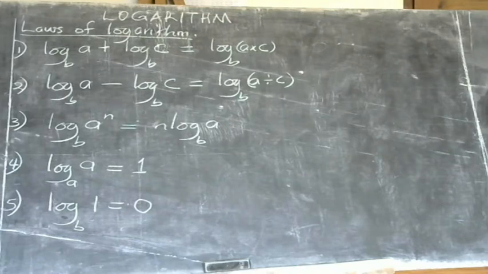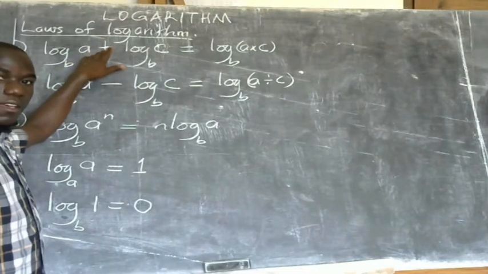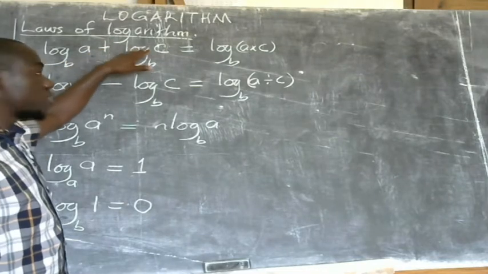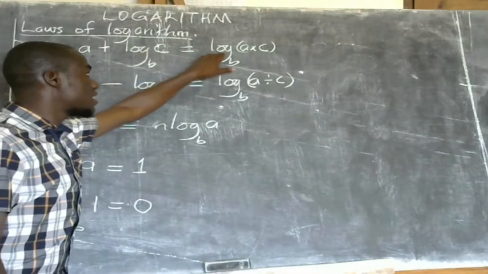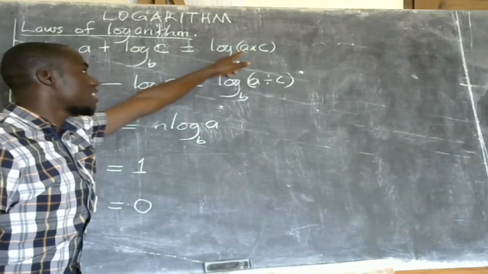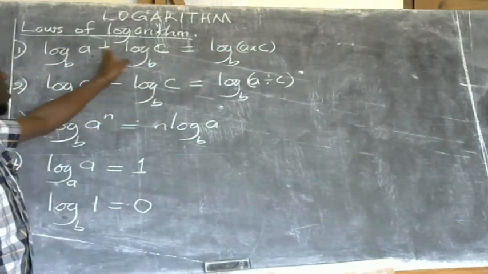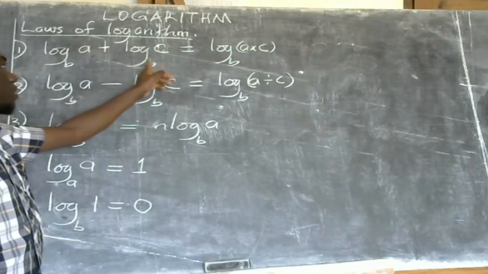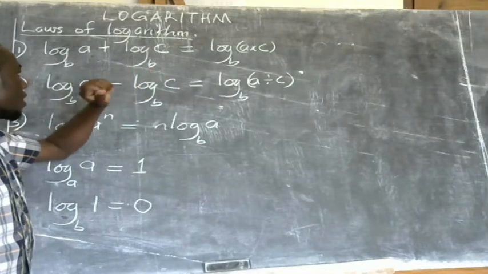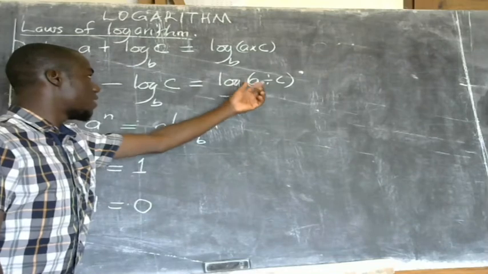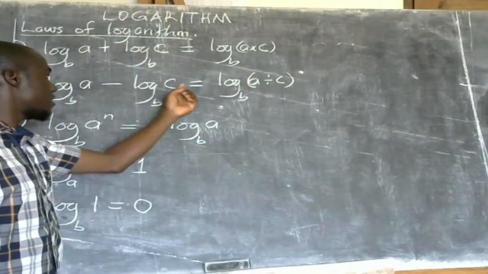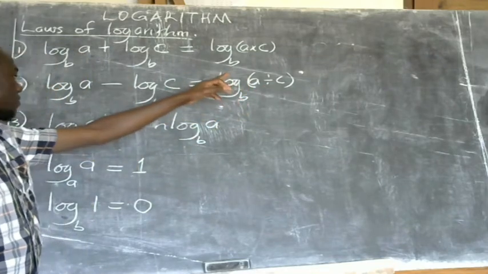So we have our laws of logarithms there. The first one, if I have log of A base B plus log of C base B, writing it as a single logarithm, I multiply what is there and keep the base. Then if it is a minus, writing it as a single logarithm, I divide A divided by C, and I keep the base.